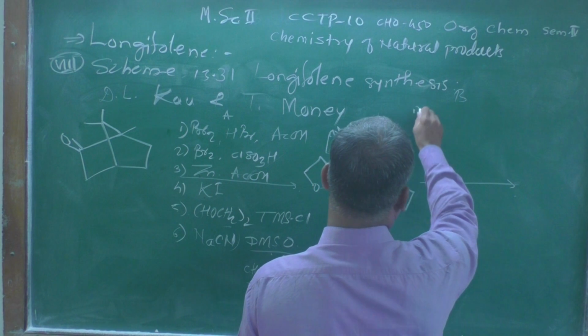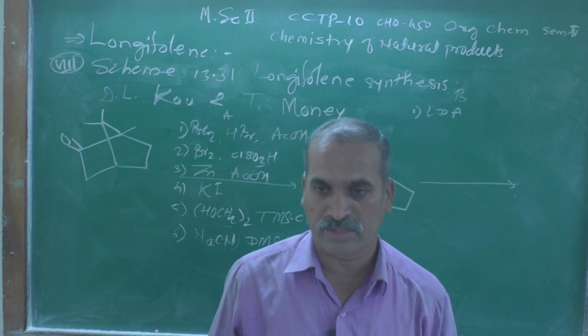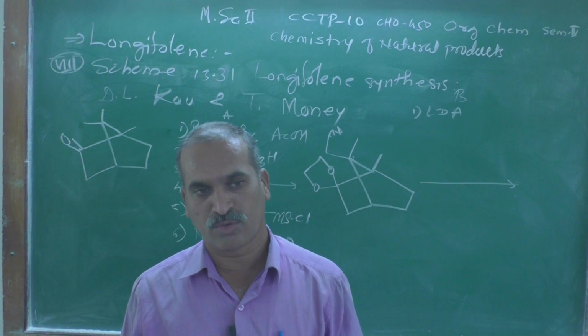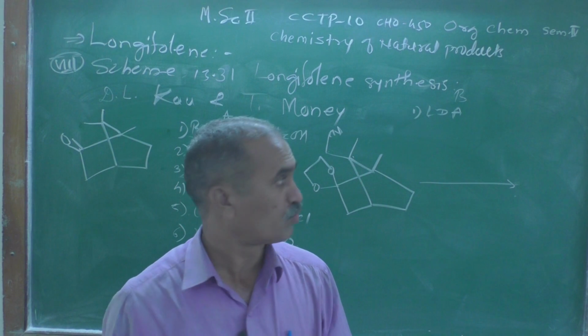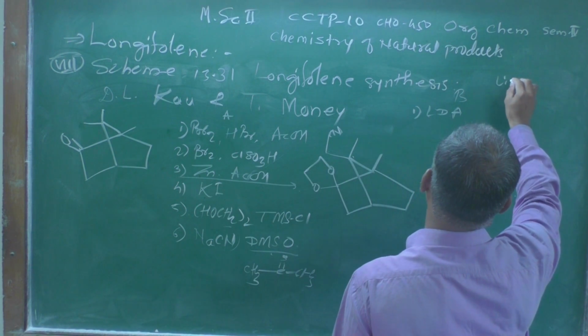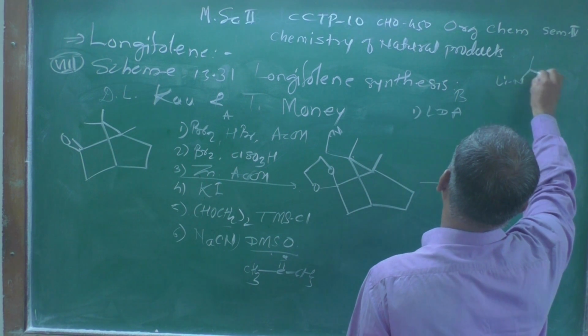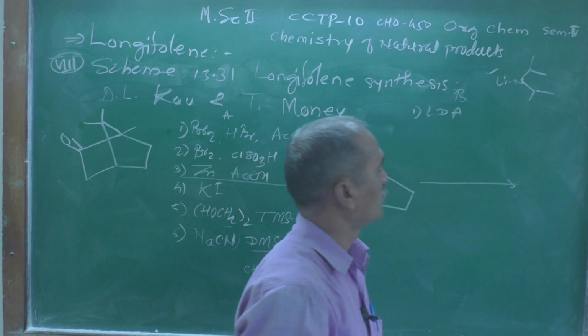Let us see, first one is the LDA. LDA, we know that lithium diisopropylamide. The structure also we know, lithium N, then diisopropylamide. This is the structure of LDA.